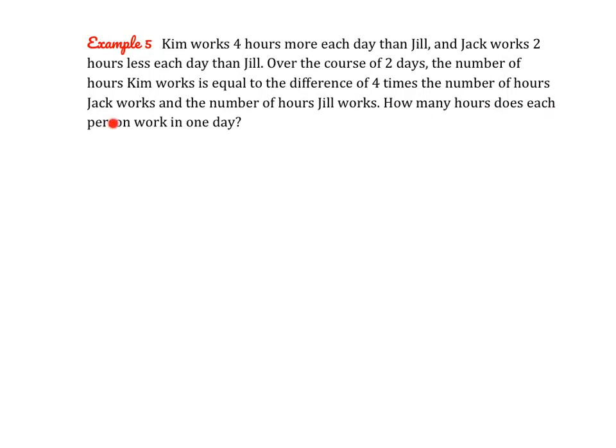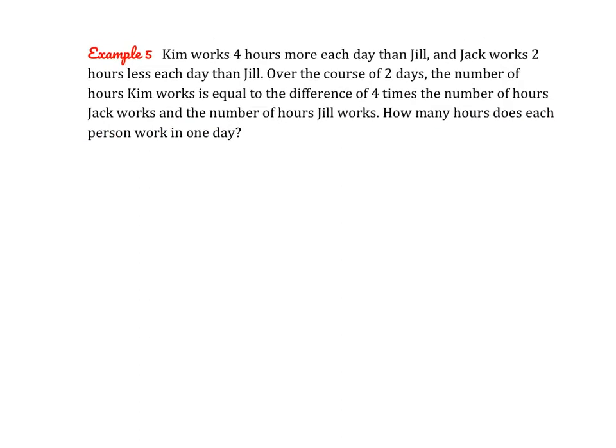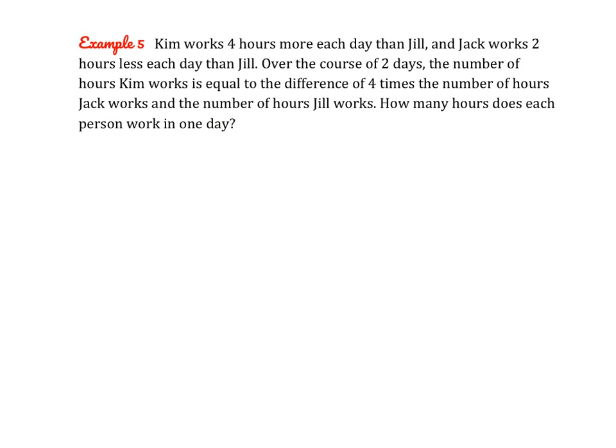How many hours does it take each person to work in one day? So first we need to pick a variable that describes how much one person works. So Kim works 4 more hours than Jill. Jack works 2 less hours each day than Jill. So I think it'd be a good idea to define X as the number of hours that Jill works. So X equals number of hours, and I'll just say for Jill.